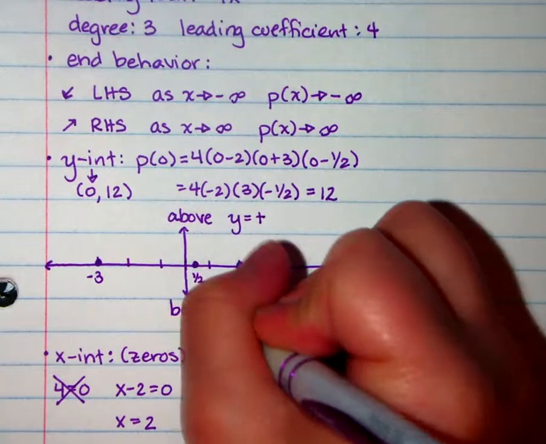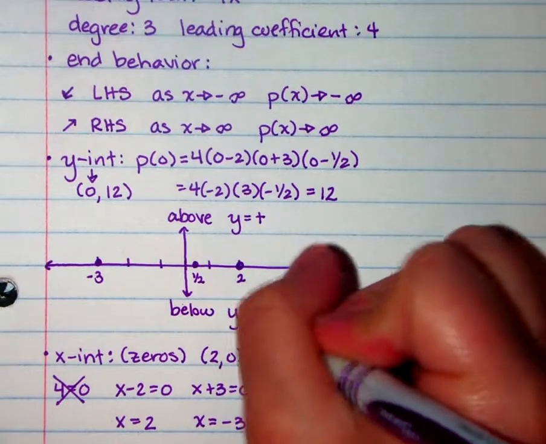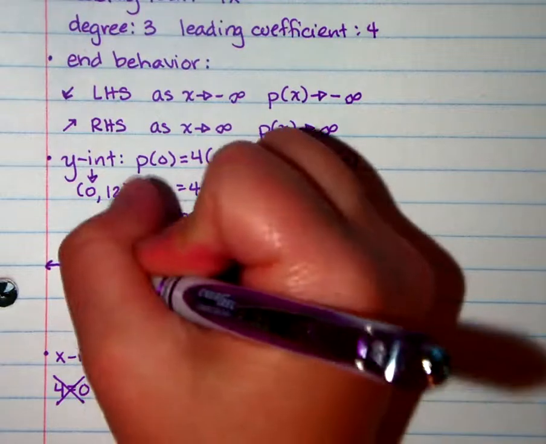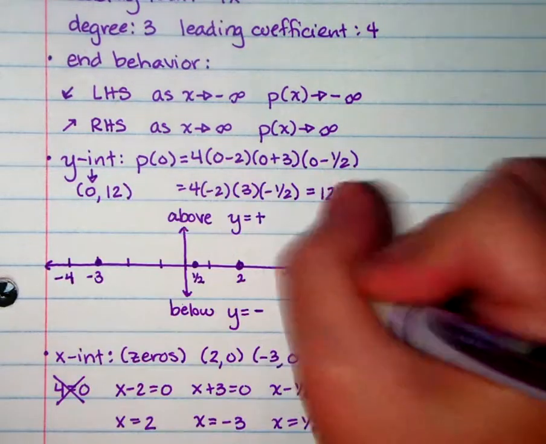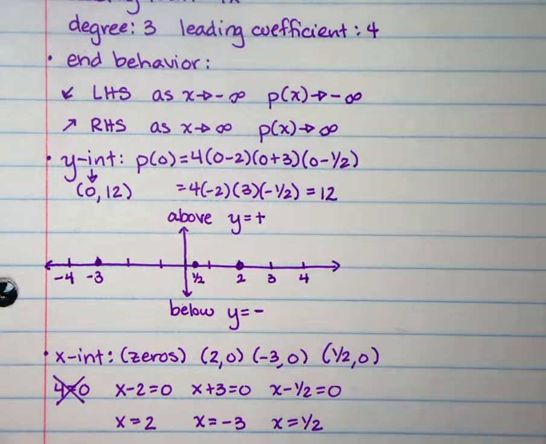I also have values that are below the x-axis, and that will be all of the y values where y's are negative. So when I'm checking a sign chart, what I want to do is look at values that are in the zones in between my intercepts and think about what is happening on either side of those.